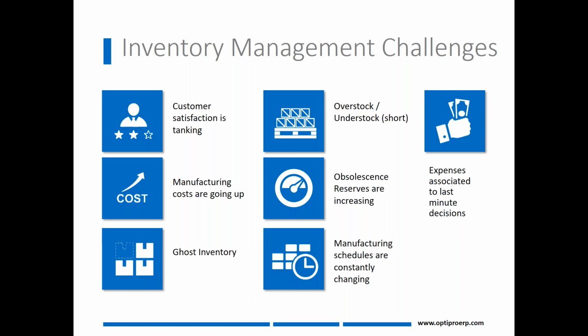Some symptoms you might recognize. Customer satisfaction is getting worse, or perhaps your manufacturing costs are continuing to rise. You're finding yourself with ghost inventory, so that is to say inventory that isn't there, or perhaps you're finding inventory that is there that you didn't think was there.